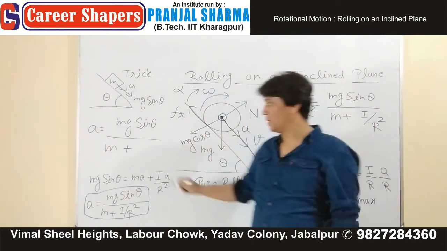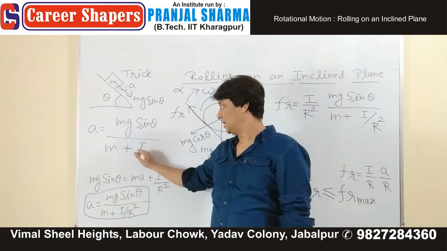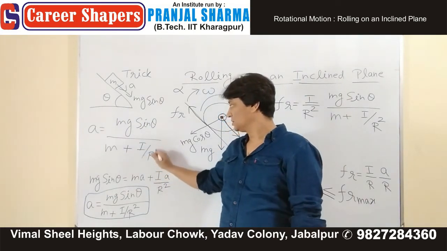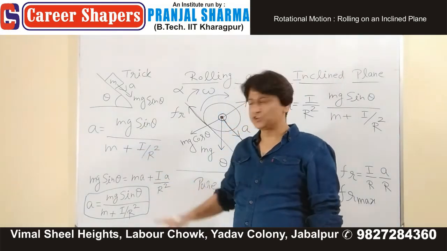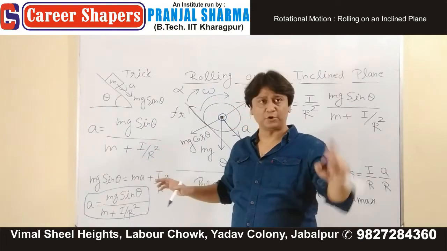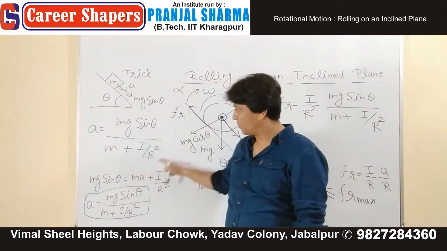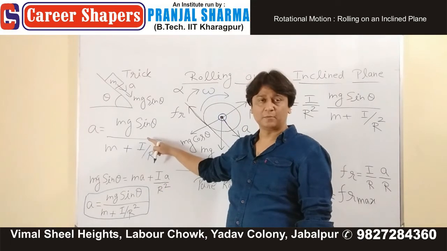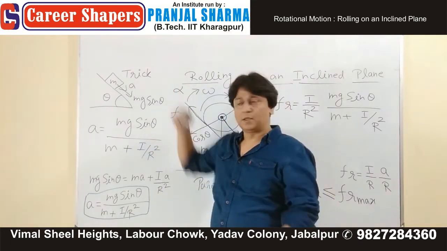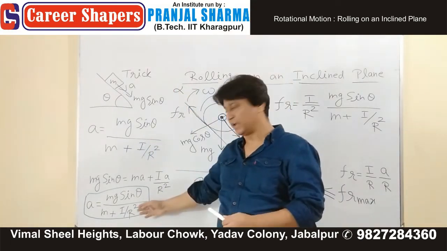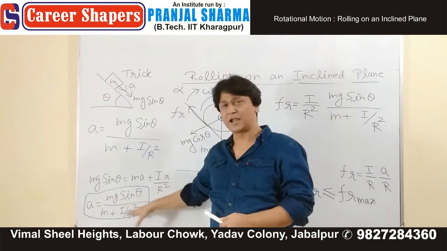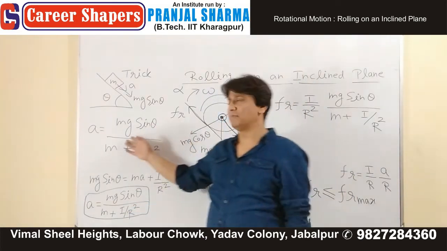That mass equivalent is what? I upon r square. Intentionally I am using different colors so that you can remember this I upon r square is coming because of the trick part. The actual derivation you already have seen. How do we arrive at this I upon r square?